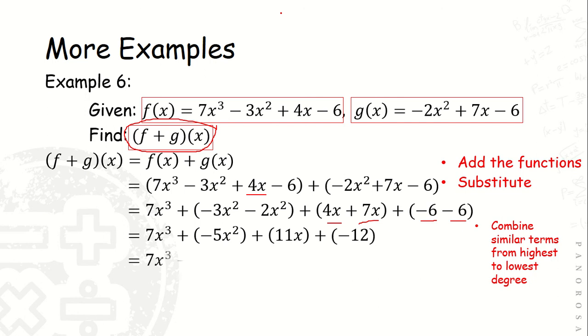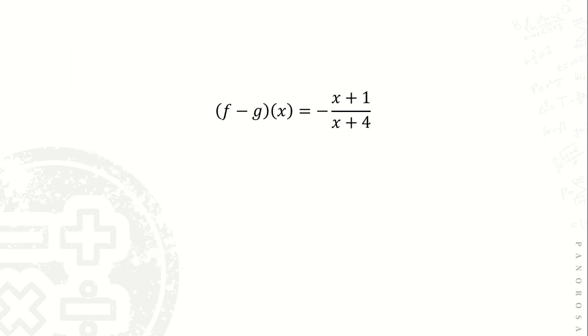So the final answer is 7x cubed minus 5x squared plus 11x minus 12. And that will be all for the addition and subtraction of functions.